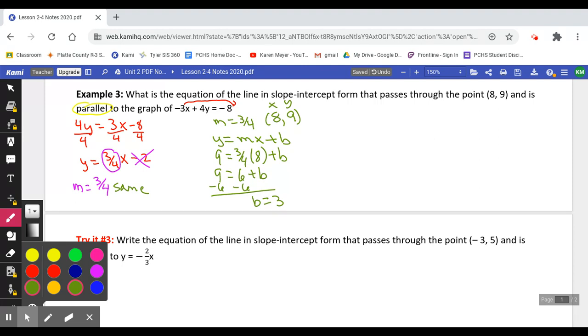Now remember, b equals 3. That's not an equation. That's just the new y-intercept. So write your final answer. Y equals new slope, which was still 3/4 because it's the same parallel, x, and then our new b is plus 3. Done.